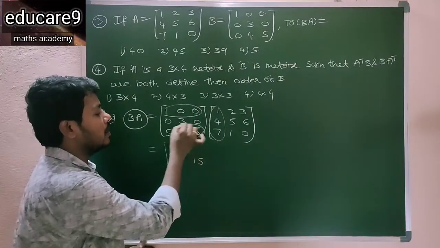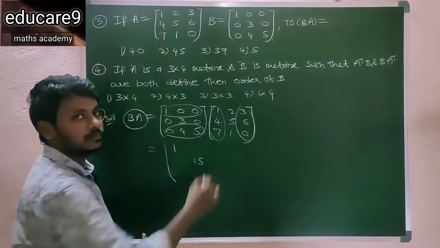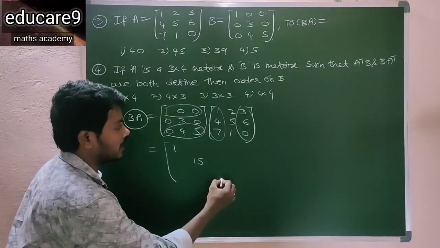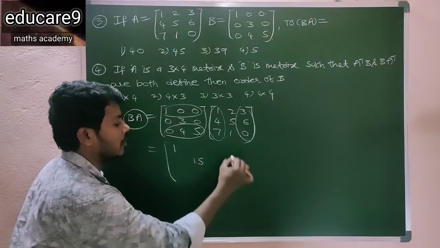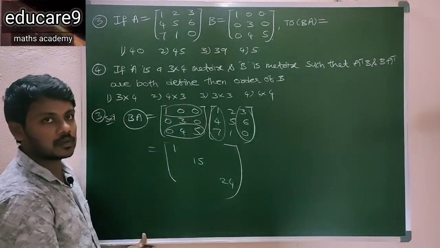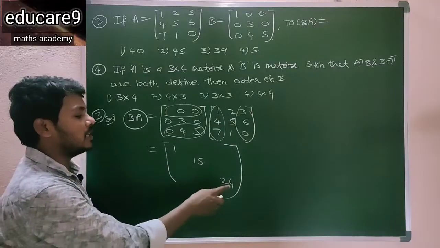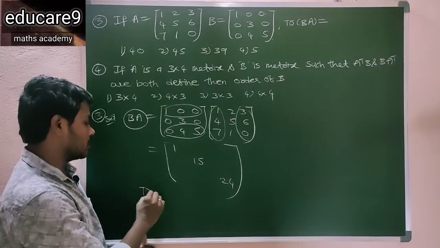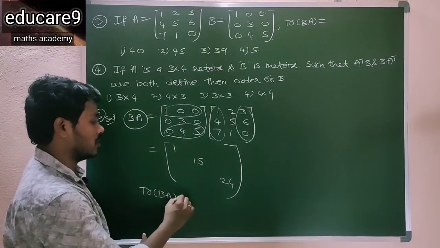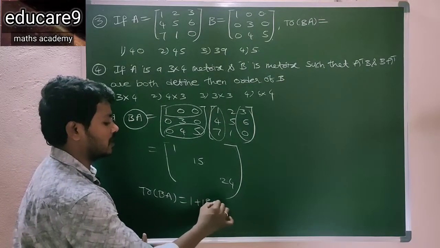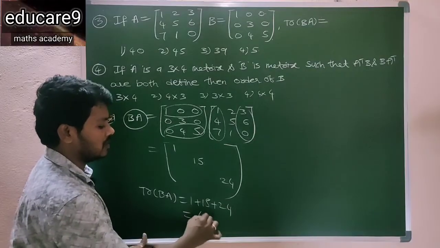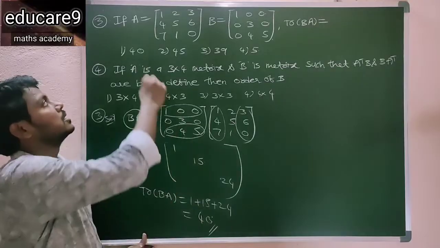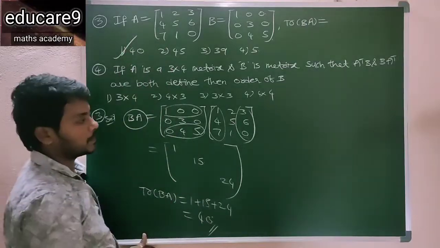And third row, third column, multiply the third row with the third column, what you get? 24. Now add these three. So trace of BA is 1 plus 15 plus 24, that is 40. So this is the trace of BA. So clearly option 1.